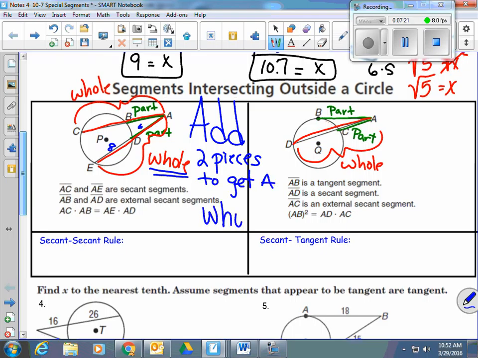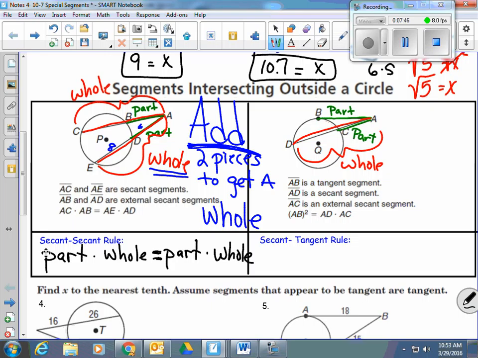Write that really big on your paper. You add 2 pieces to get a whole. And here's going to be your rule. Part times whole equals part times whole.